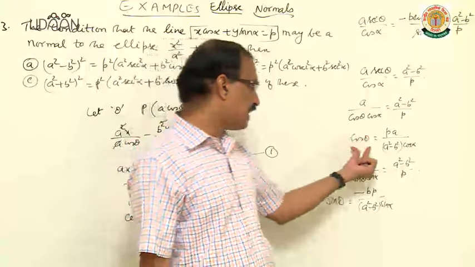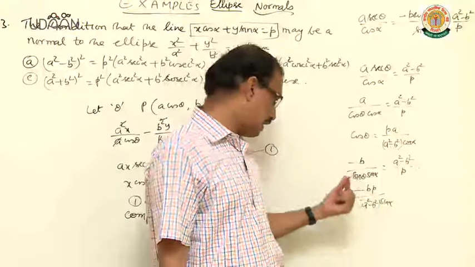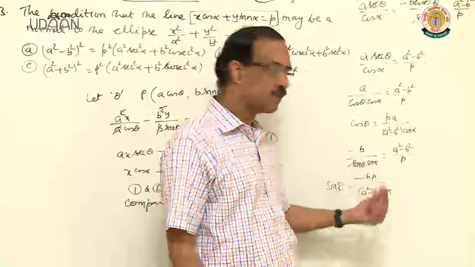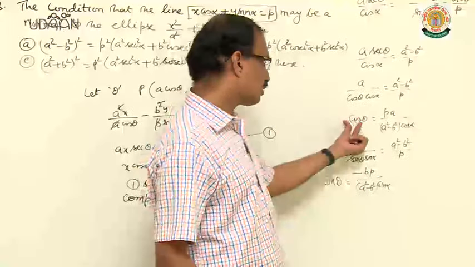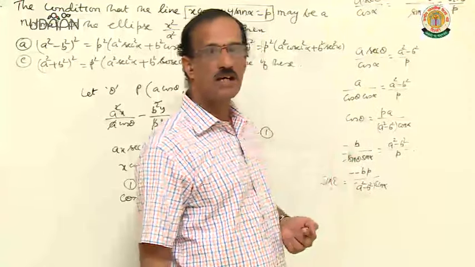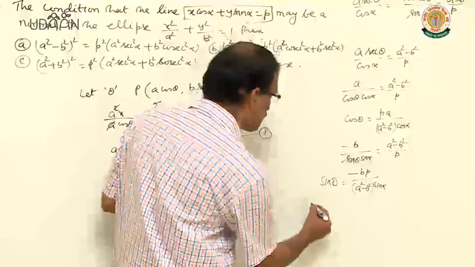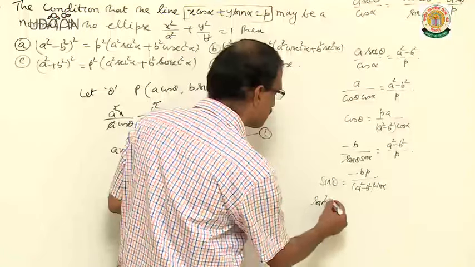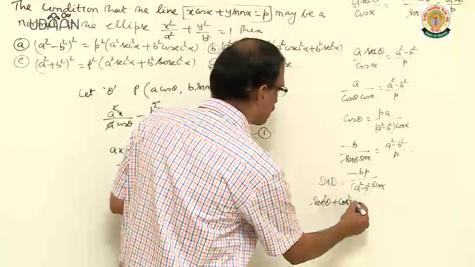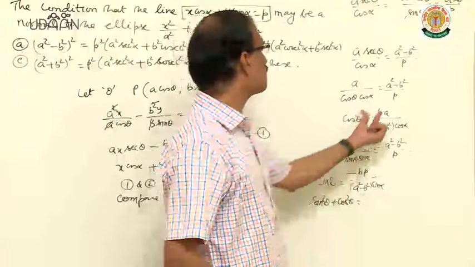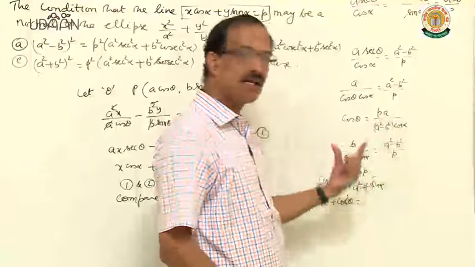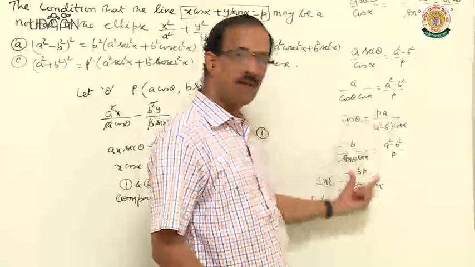Now we get cos theta equal to this and sin theta equal to this, and you know that cos square theta plus sin square theta equal to 1. So you square both of them and then add up.